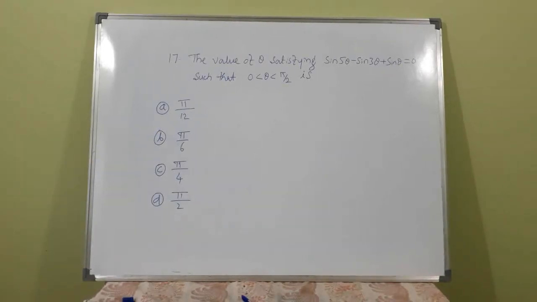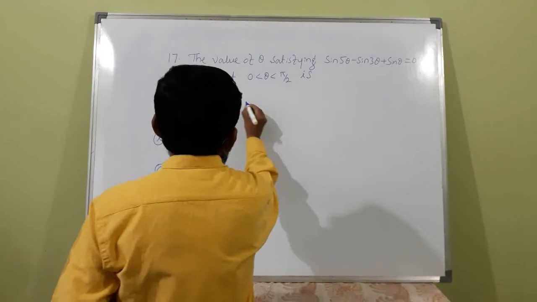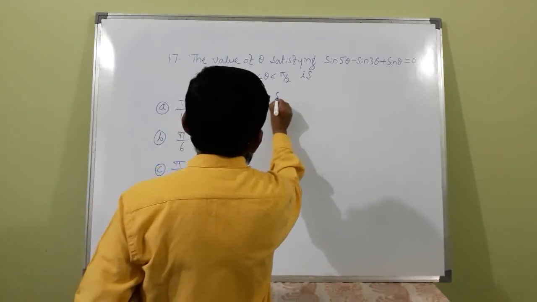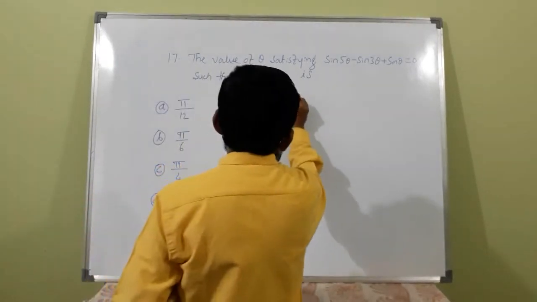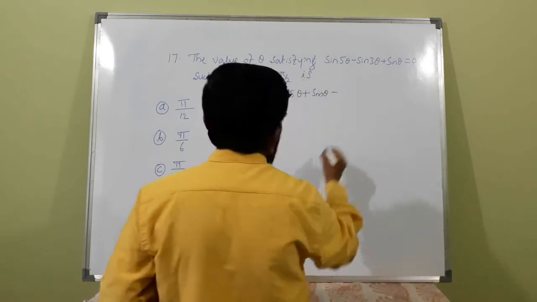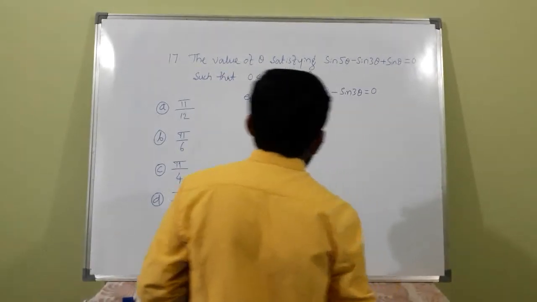Another example: the value of theta satisfying sin 5θ minus sin 3θ plus sin θ equals 0, such that theta lies between 0 and π by 2. The given expression is the same as sin 5θ plus sin θ minus sin 3θ equals 0.